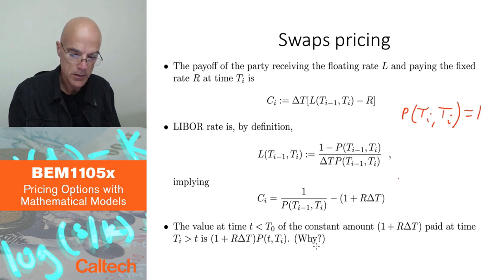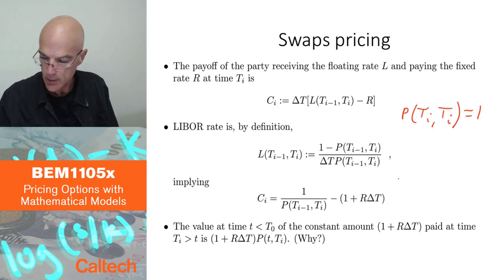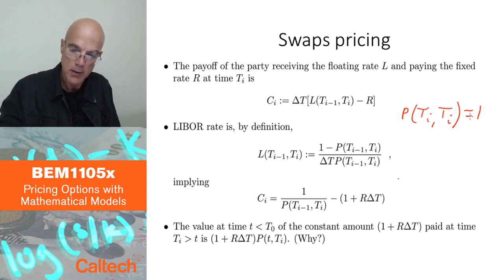So why is this? Well, because the bond, by definition, is a zero coupon bond paying $1, P of t, ti is the price of $1 at small t. Now, this is 1 plus R delta t dollars.